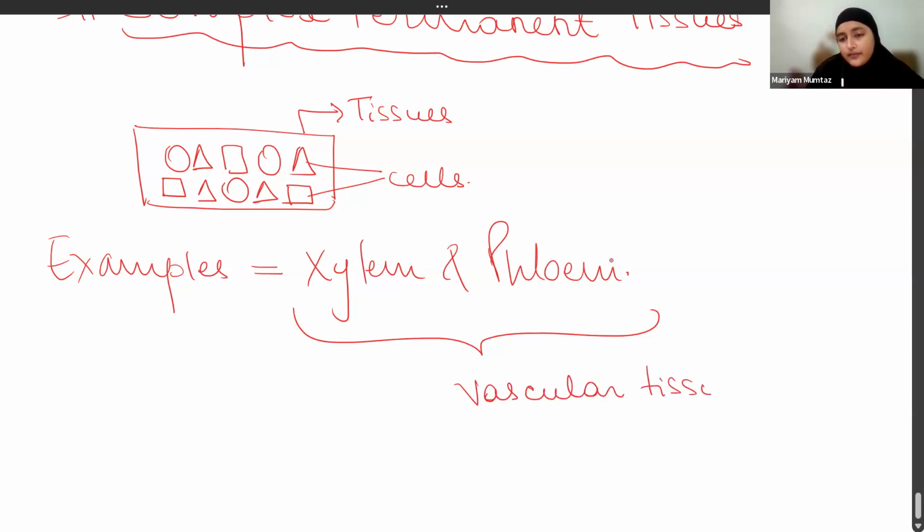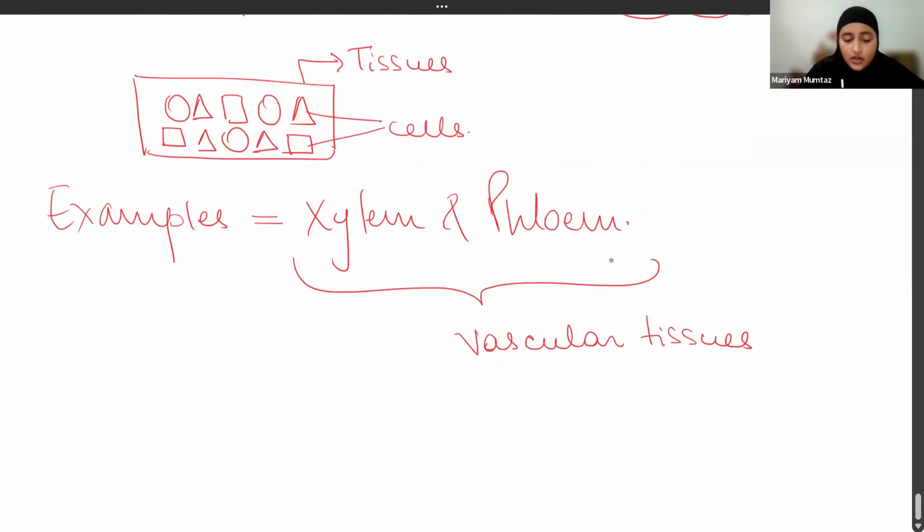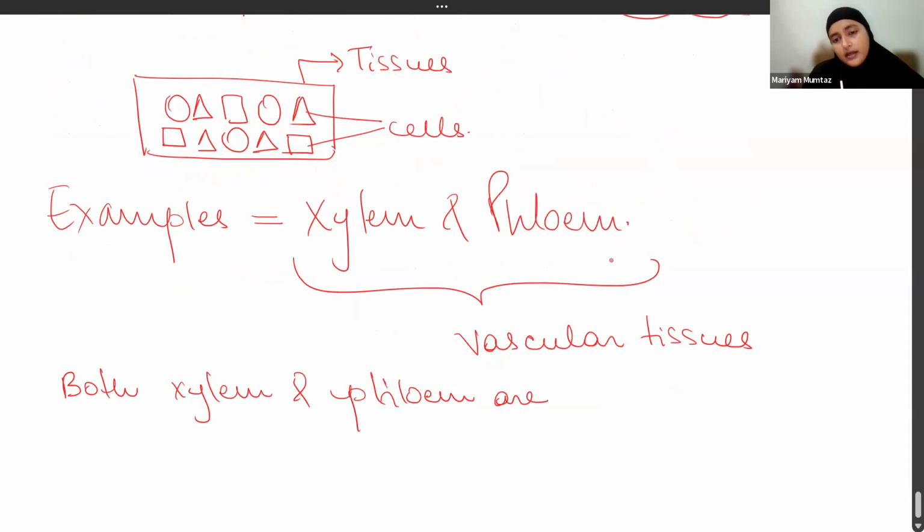Now moving forward, both xylem and phloem are conducting tissues.